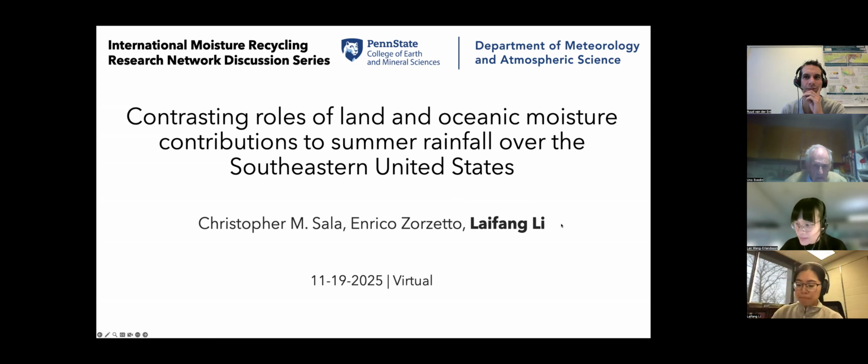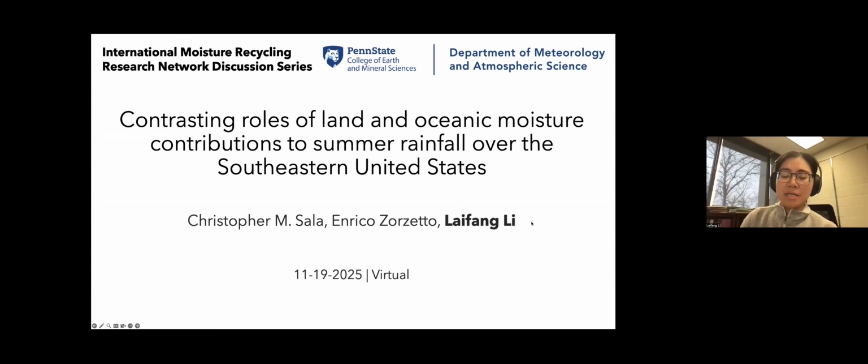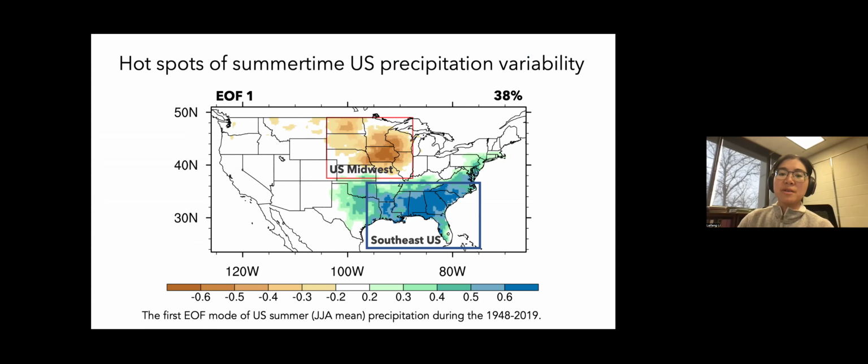study. The biggest motivation for this study is that US summer precipitation shows two hot spots. If we apply EOF analysis to the summer precipitation over the United States, the dominant mode we get is a dipole pattern between the US Midwest and the southeastern US.